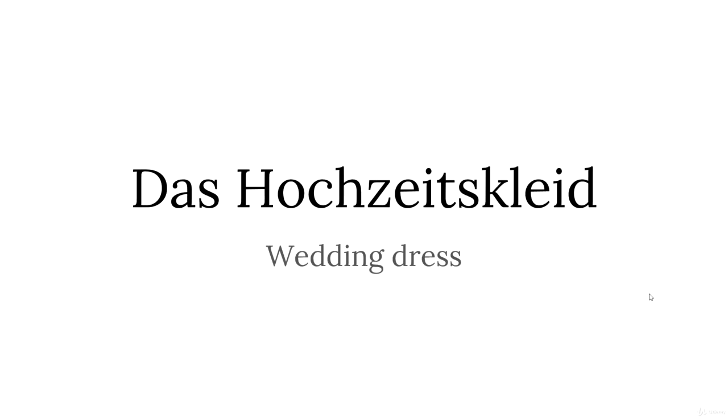And when you have such a word that contains two or more words, the article of the word depends on the last part of this word. In this case, you have Kleid. And as you know, Kleid is das. So, Hochzeitskleid is also das.